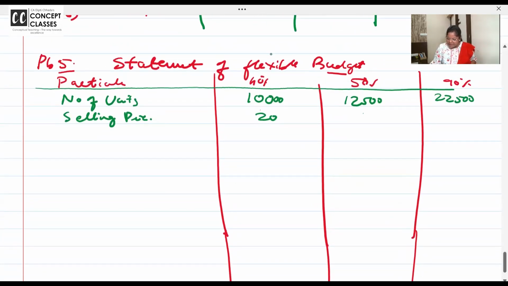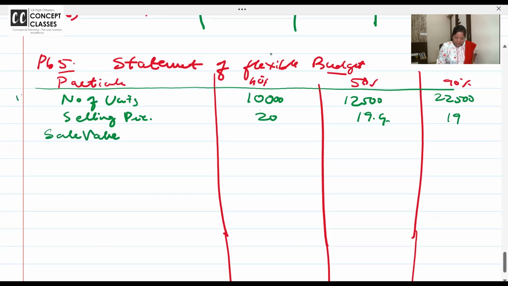Read it, I'll again explain. Selling price is dropping by 3% if they decide to work at 50%. And at 90%, it is dropping by 5%. 5% of 20 is 1. So what will your selling price be? 19.